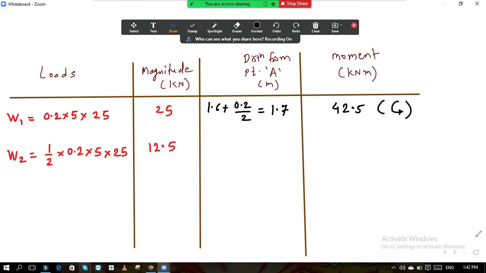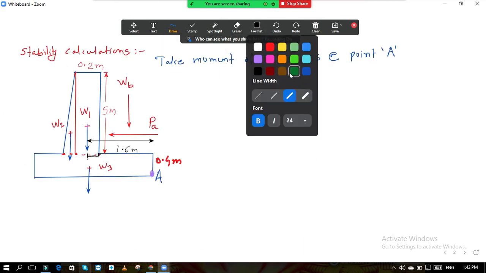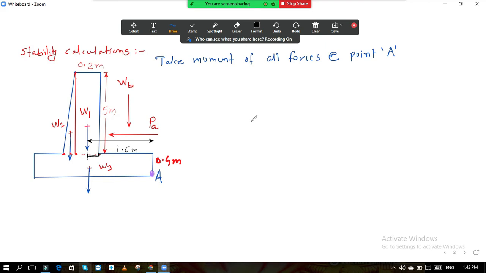The distance from point A is needed. So I will draw another separate diagram for this. See, here your W2 is acting.